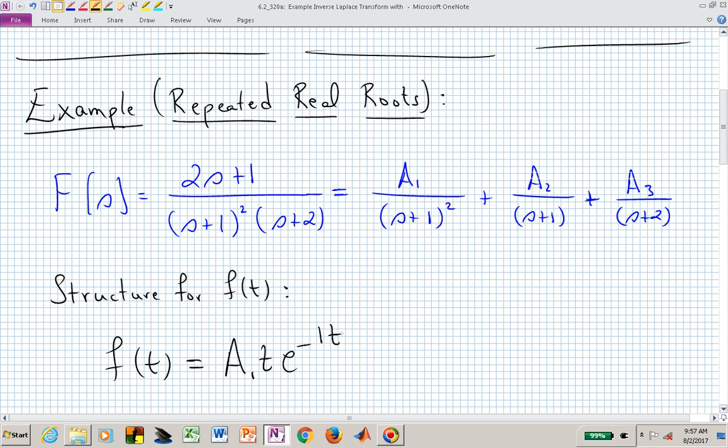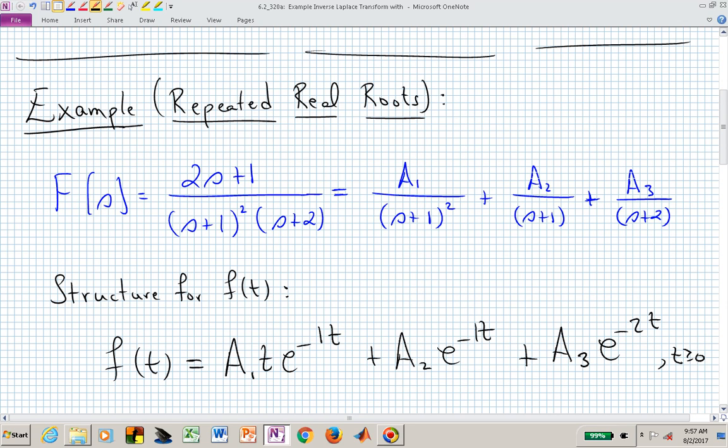I'll go ahead and emphasize the 1, plus an a sub 2, e to the minus t. Again, there's a 1 there also. Sometimes it's going to be there explicitly, or maybe it won't. It'll just be e to the minus t, plus a sub 3, e to the minus 2t, and we have to show that because that is something other than 1, and that's true for t greater than or equal to 0.